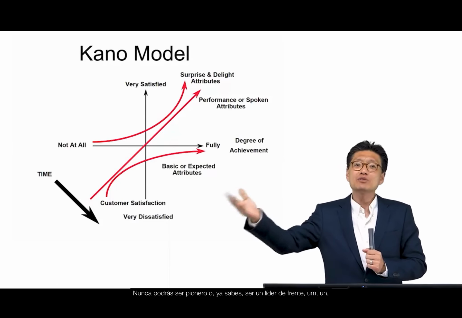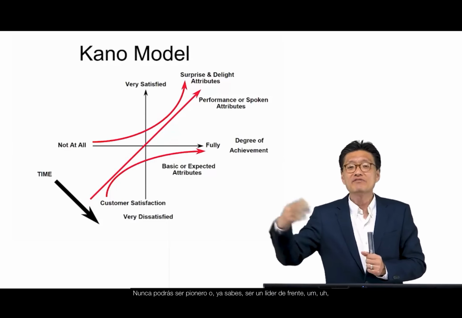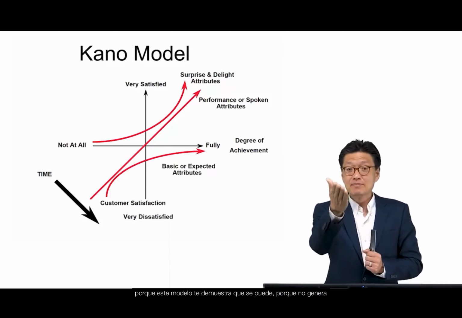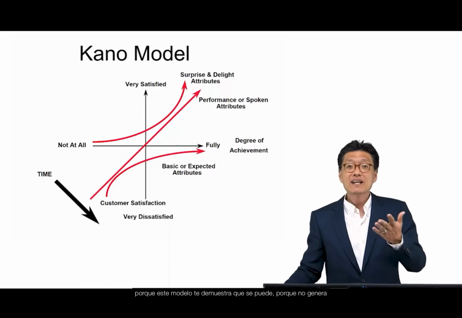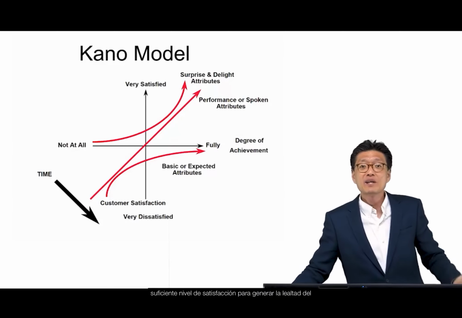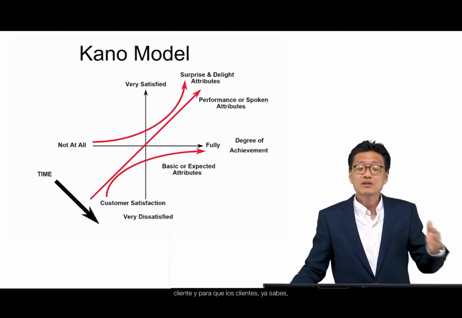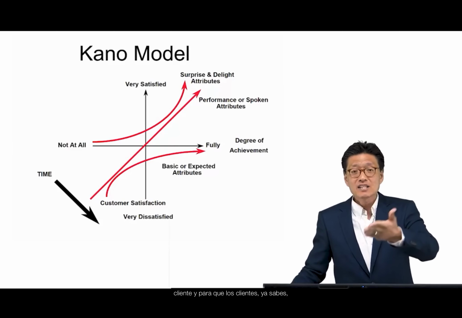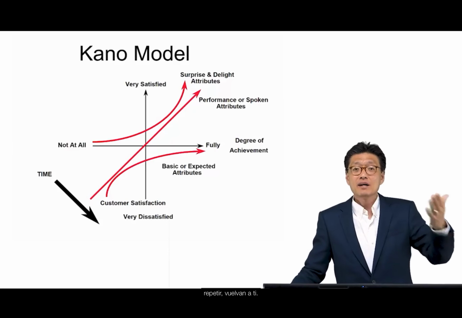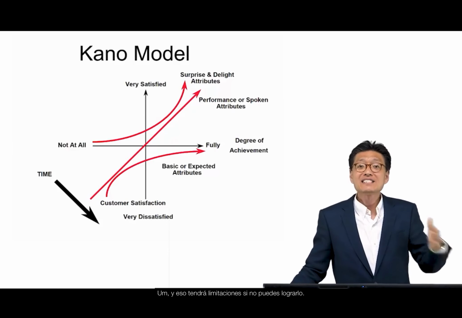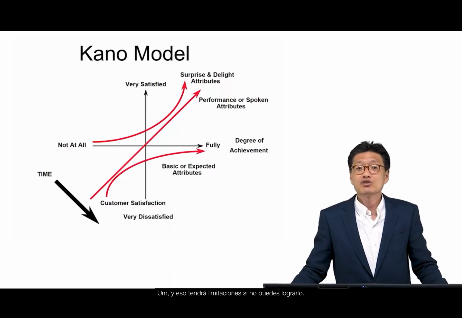You will never be a pioneer or a front leader, because this model shows you that it doesn't generate enough satisfaction to generate customer loyalty and make customers keep coming back to you, and that's going to have limitations.